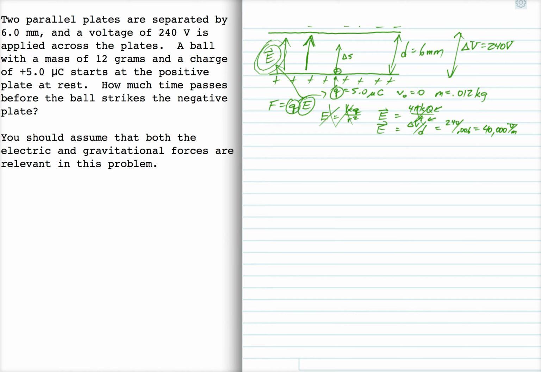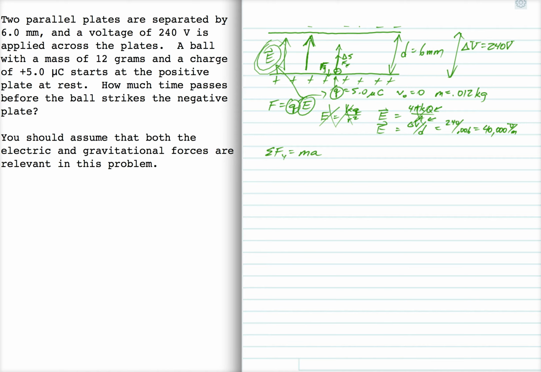Okay, so we want to know the final velocity of this ball before it strikes the plate. So there are two ways to do it. We can start with the sum of all forces in the y direction is equal to ma. The forces acting on this charge, we've got the electric force that points up, and then we've got the gravitational force that points down.